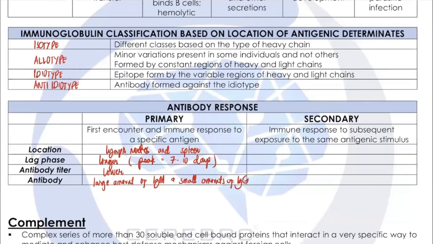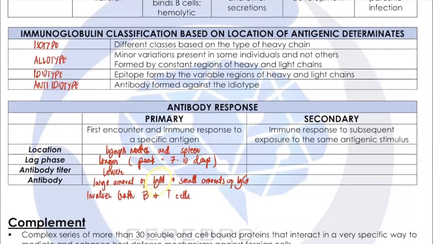That makes IgM the predominant antibody in the primary immune response. Take note that the primary immune response involves both our B and T cells.